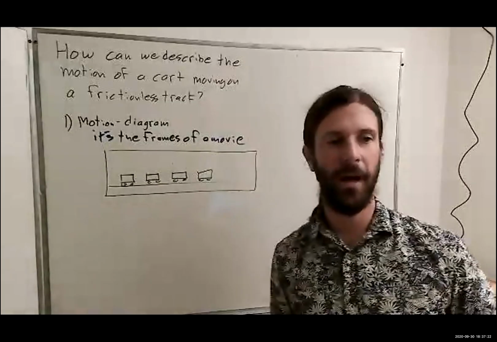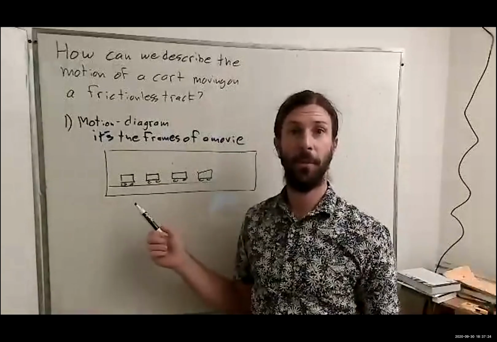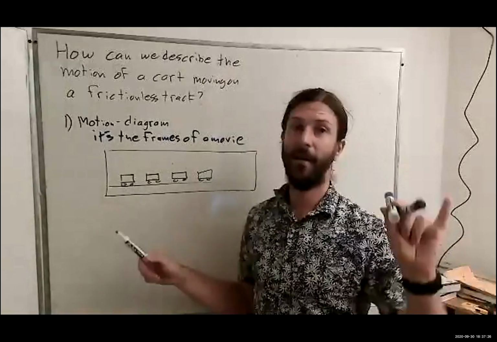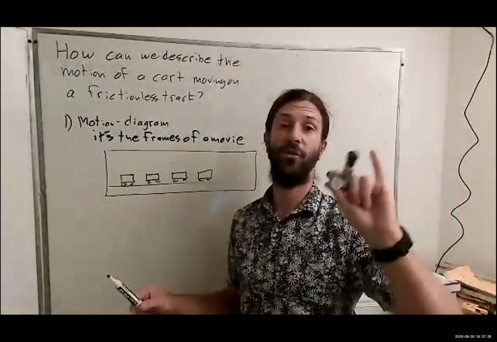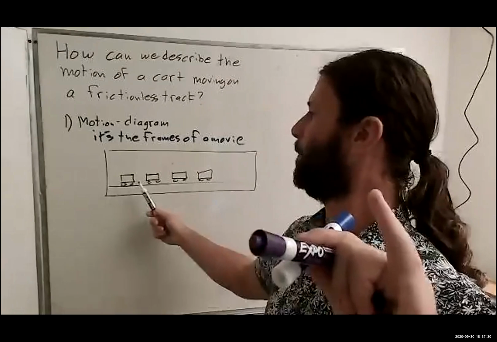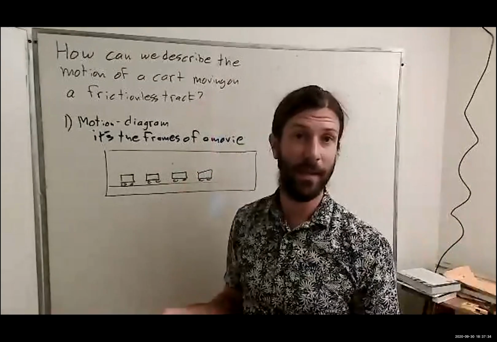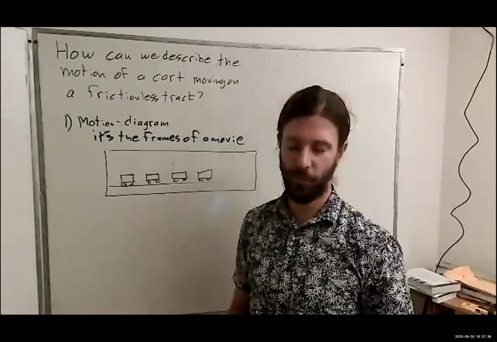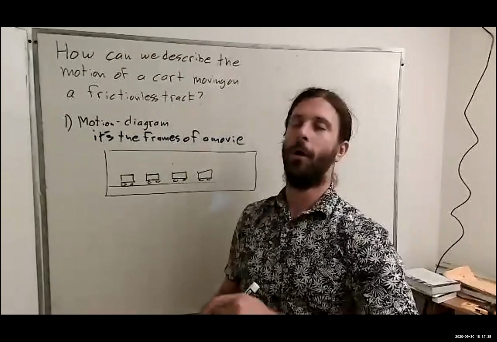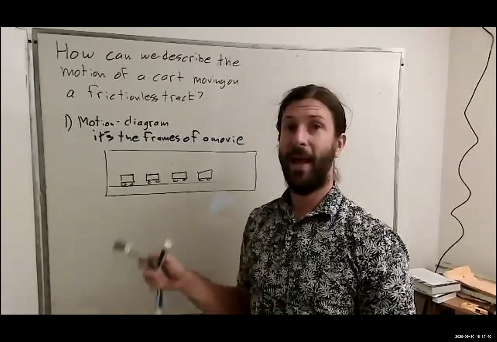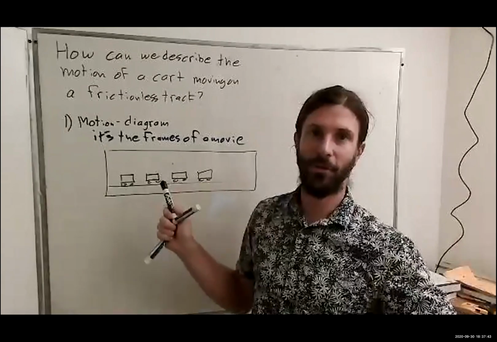Superimpose those frames from the movie on top of each other. And in a motion diagram, we generally assume the time between each movie frame is the same, right? I guess you could have a motion diagram where it's not. You'd want to specify that. In this class, they're all going to be the same delta t, right?